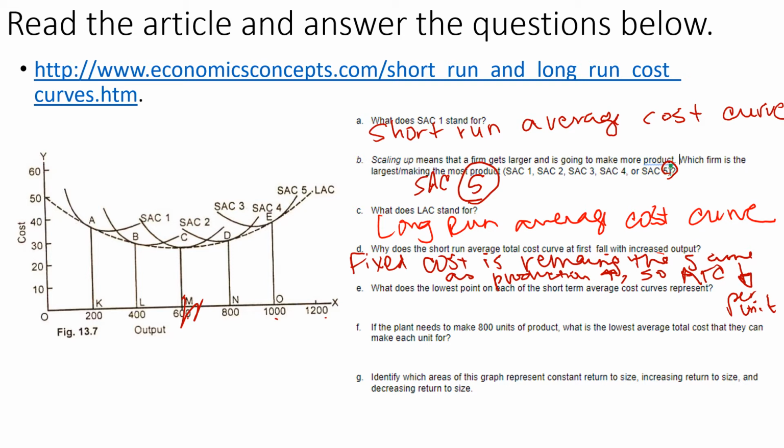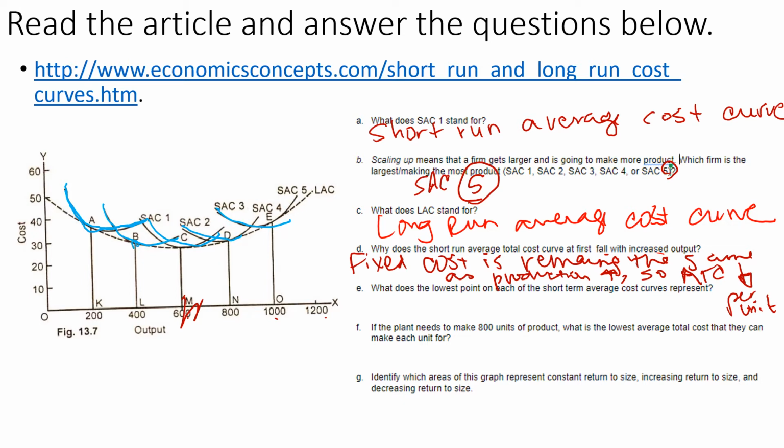Letter E, what does the lowest point on each of the short-term average cost curves represent? So here is one short-term average cost curve. Here's another, here's another, here's another, here's another.